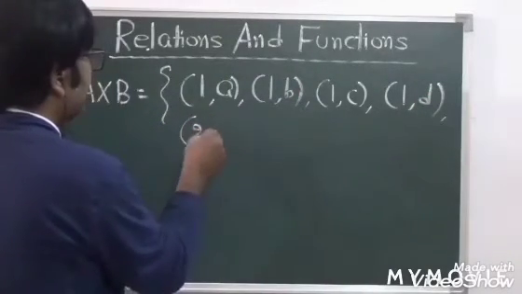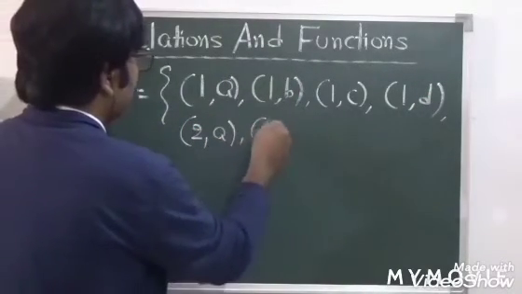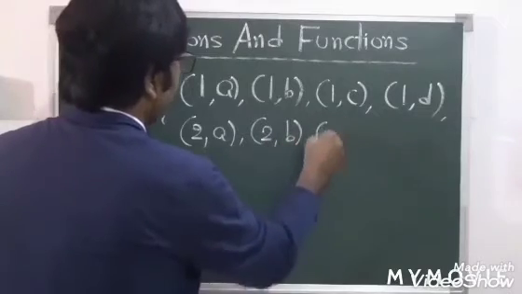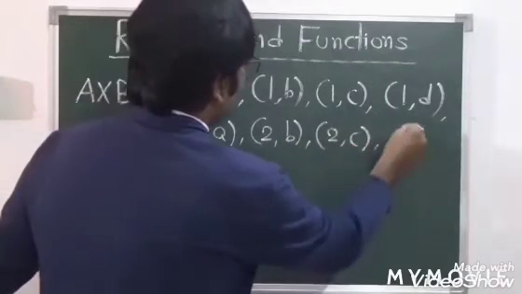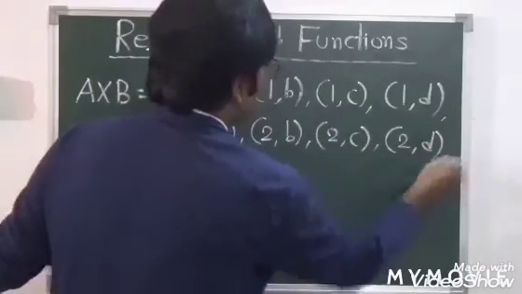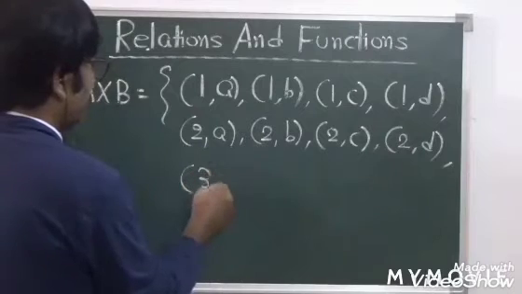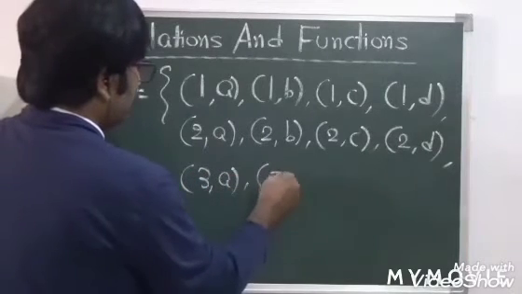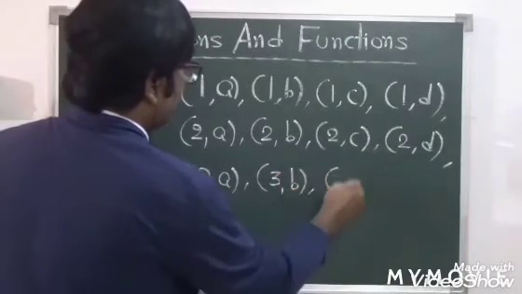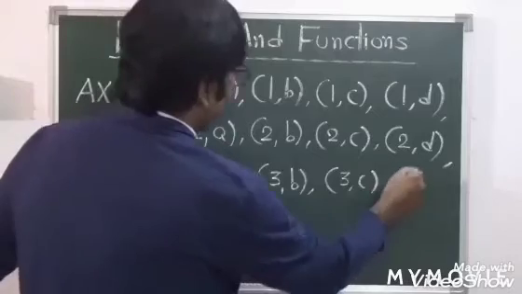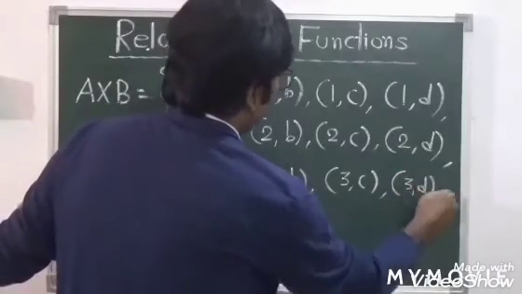Similarly, 2 comma a, 2 comma b, 2 comma c, 2 comma d, then 3a, 3b, then 3c and 3d.